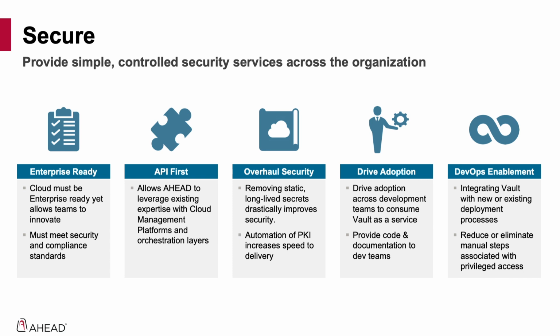In the past, we've provided code and documentation to dev teams so they can start onboarding with Vault, and they don't have to do all of the research themselves. They understand how to write their applications to take advantage of Vault. And obviously DevOps enablement, integrating Vault with existing or new deployment processes, and trying to reduce or eliminate manual steps associated with getting access across the organization.